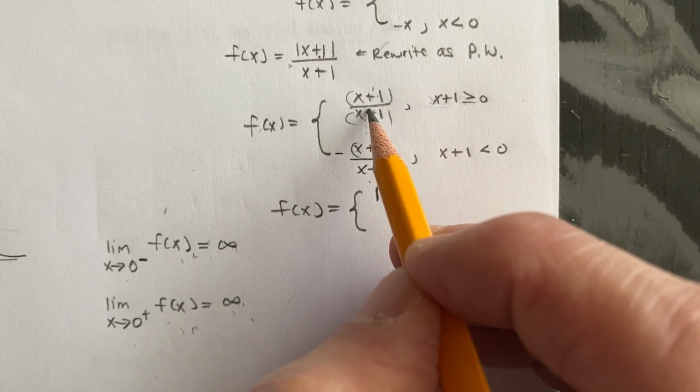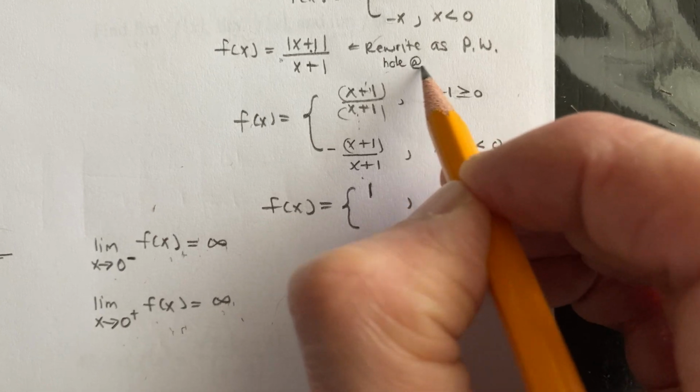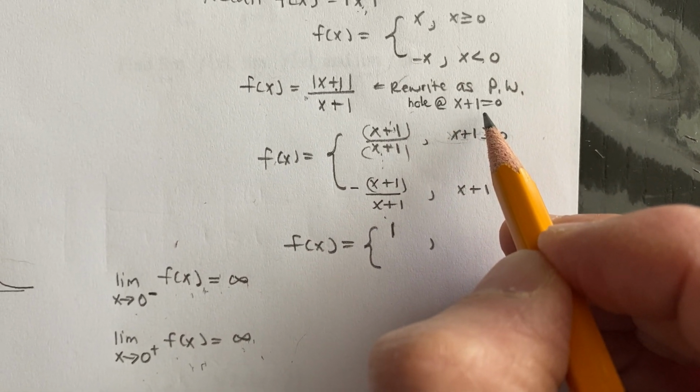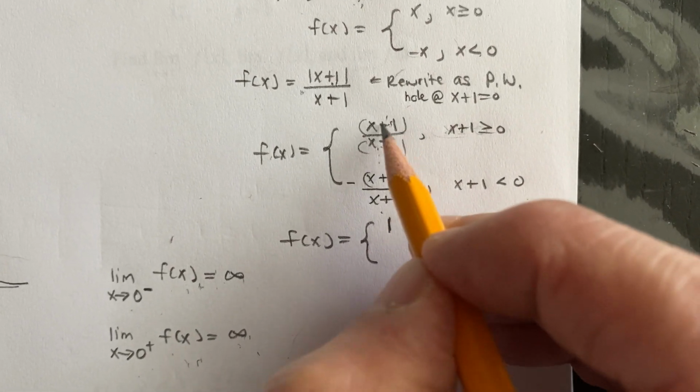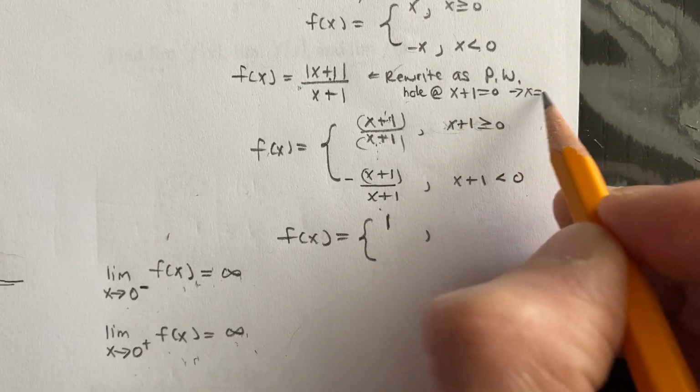Remember, when this cancels out, this implies that there's a hole at x plus 1 is equal to 0. Remember when you simplify your rational function, whenever you cancel out, you set that canceling factor equal to 0 and you solve for x. There's a hole at x is equal to negative 1.